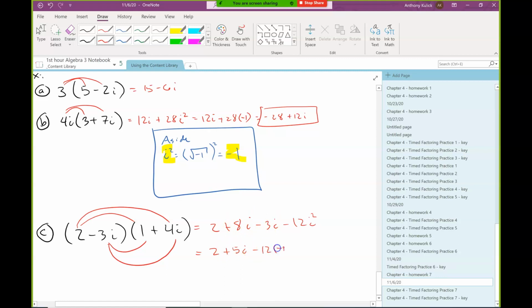And I know that i squared is negative 1. So really that's positive 12, and then the 2 makes 14 plus 5i. Everybody's okay there? Okay.